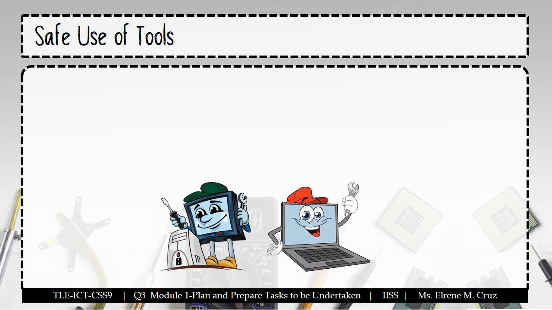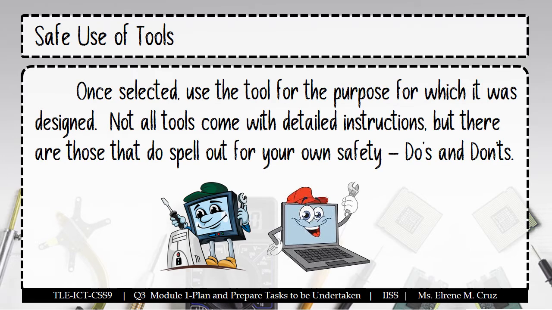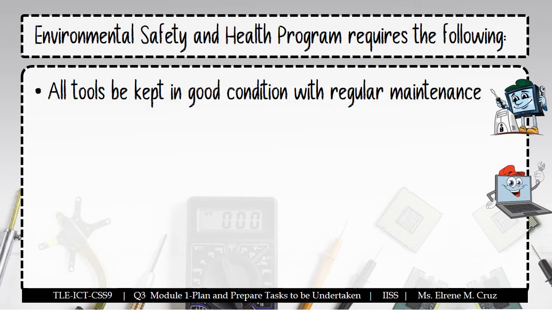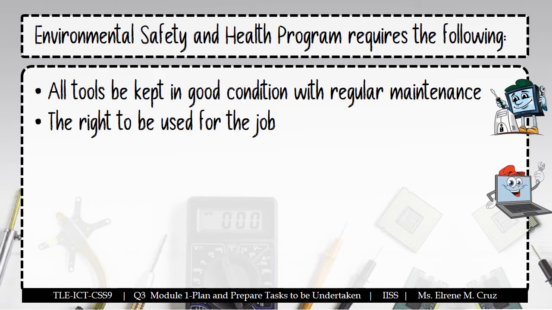Safe use of tools. Once selected, use the tool for the purpose for which it was designed. Not all tools come with detailed instructions, but there are those that do spell out, for your own safety, do's and don'ts. Environmental safety and health program requires the following. First is, all tools be kept in good condition with regular maintenance.